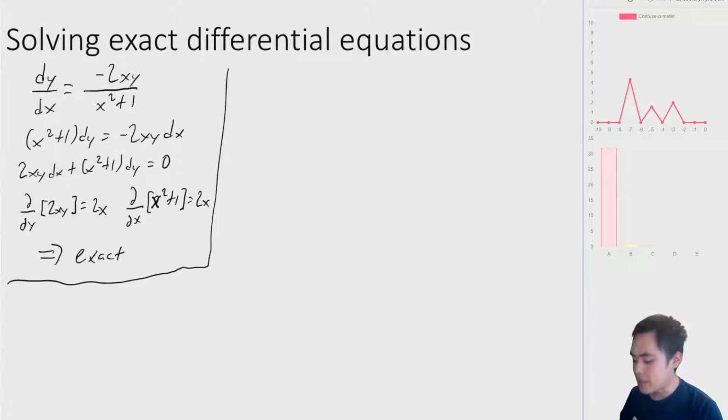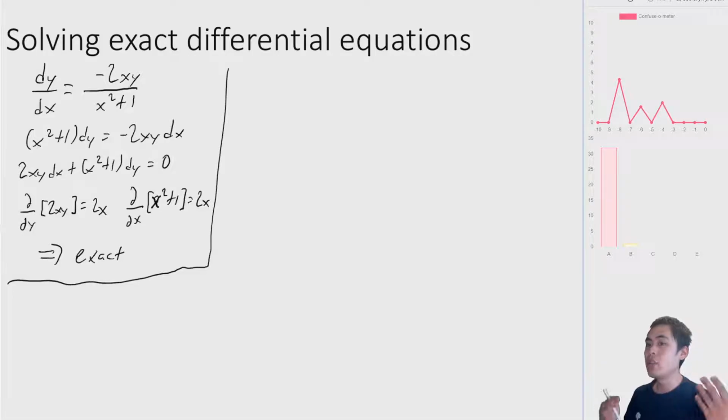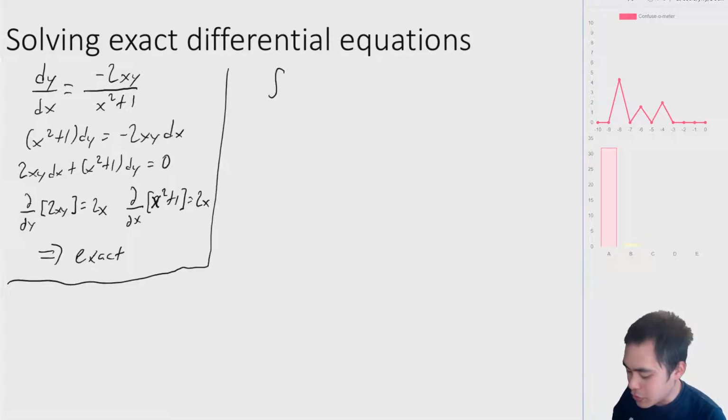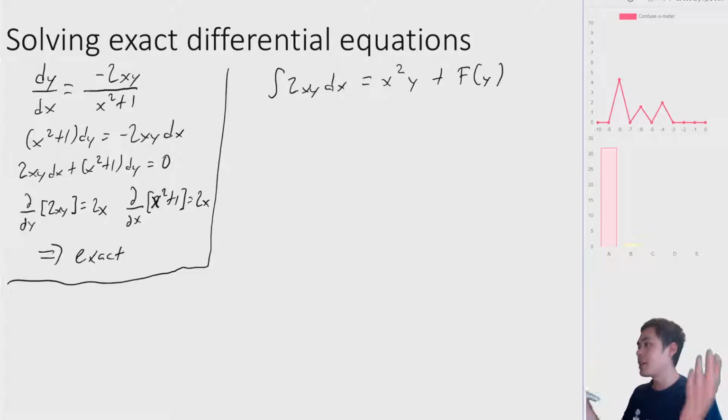So now let's try to compute what the differential is the differential of. We need to take the integral of 2xy dx, and with respect to x, this is equal to x squared y plus a constant, which could be a function of y.